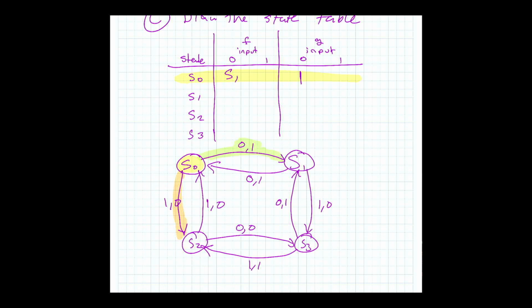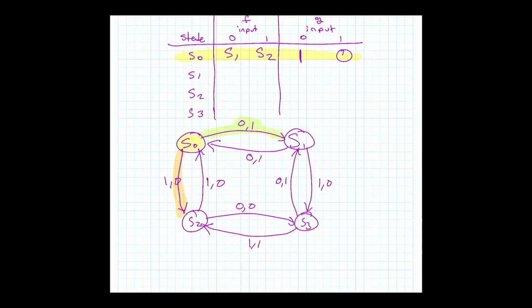You put a 1 there. Now for the other arrow leaving S0, this one goes S0 to S2. So this is S2. And you just need to know what the output is, so you can write it right here. So this arrow, input 1, output 0. Right? So that's it. Every arrow is 1 column.